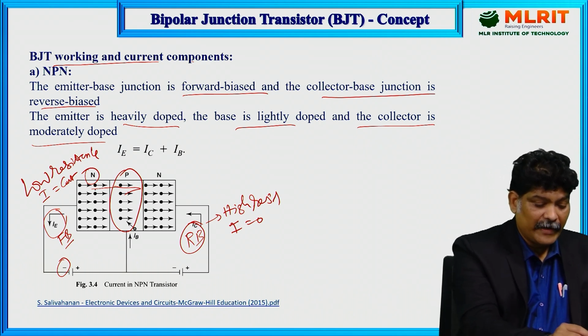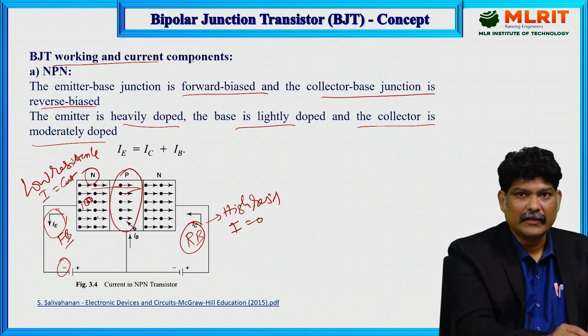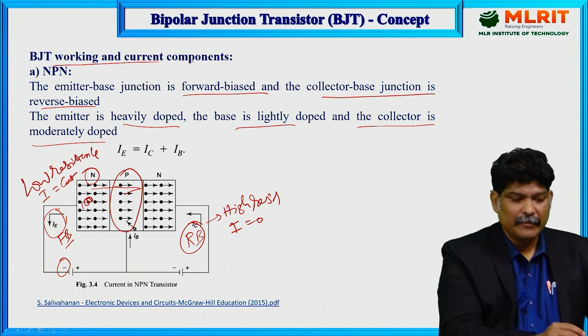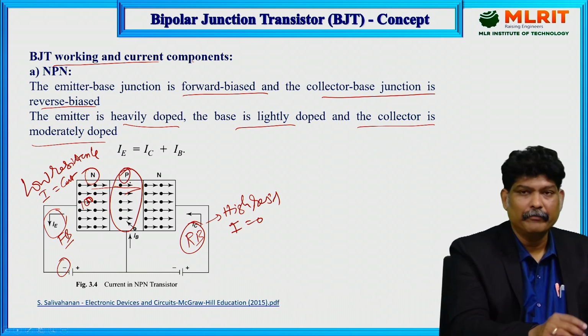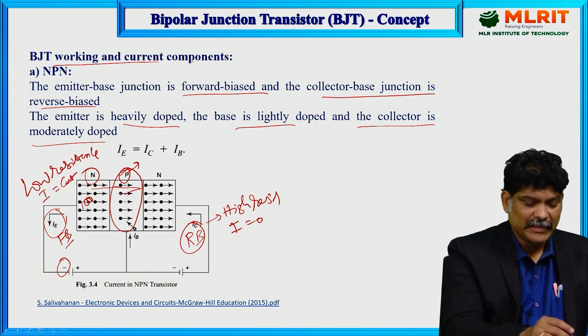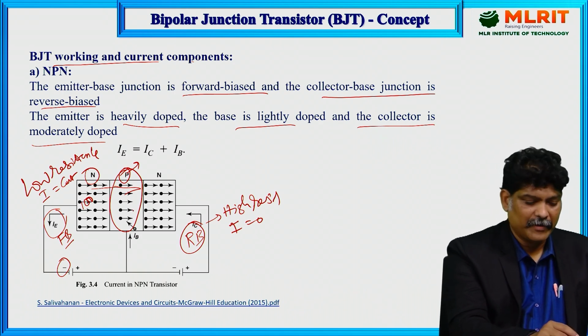So for example, we have 100 electrons here from the emitter. From the emitter, 100 electrons move towards the base and enter into the base, but here the p-type semiconducting material is the base. So the base has holes as the majority charge carriers, and that too very few in number, right?